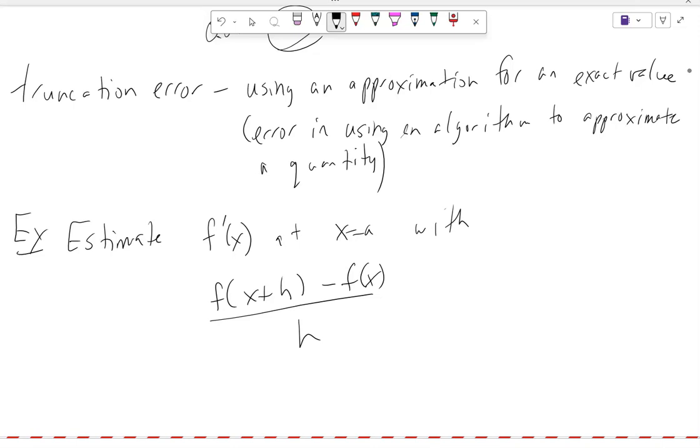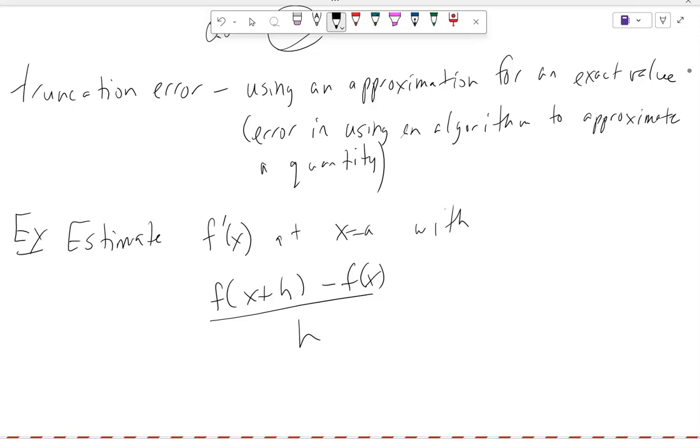Even assuming you were able to calculate f of x plus h and f of x and h exactly, and the division exactly, even if you assume you can do all of the operations exactly, that doesn't give you the true answer of the derivative in most cases.